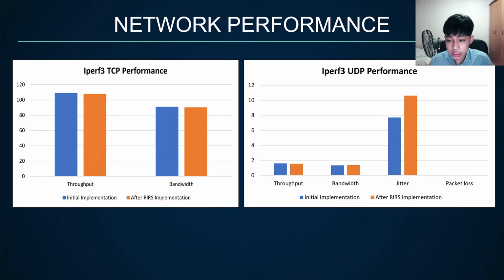The jitter only shows a bit of difference, but it's not significant, and no packet losses were recorded. That means the implementation of the RIS does not affect the network performance, even though the RIS requires a bridge network.